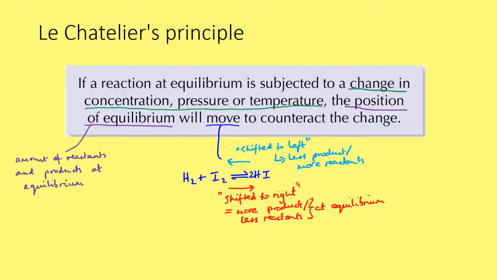And lastly, the green one, change in concentration, pressure or temperature. So first of all, change in temperature. If we increase the temperature, then the equilibrium position is going to do the opposite.